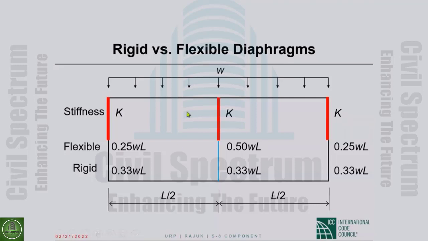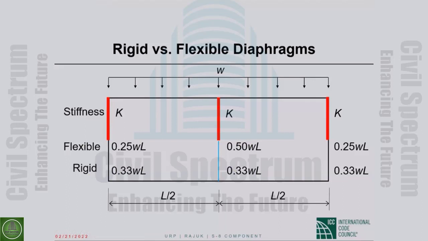If the diaphragm is rigid, then 1/3 of this total force will go to each wall because the stiffnesses are the same. However, if the diaphragm is flexible, then half the total load will go to the interior wall and only a quarter will go to each of the exterior walls based on tributary areas.